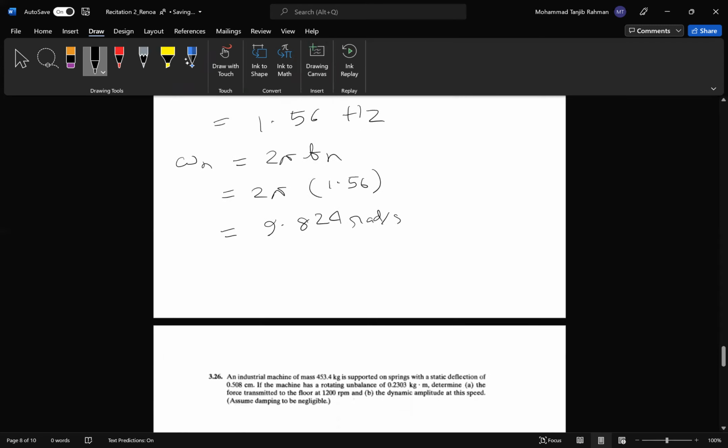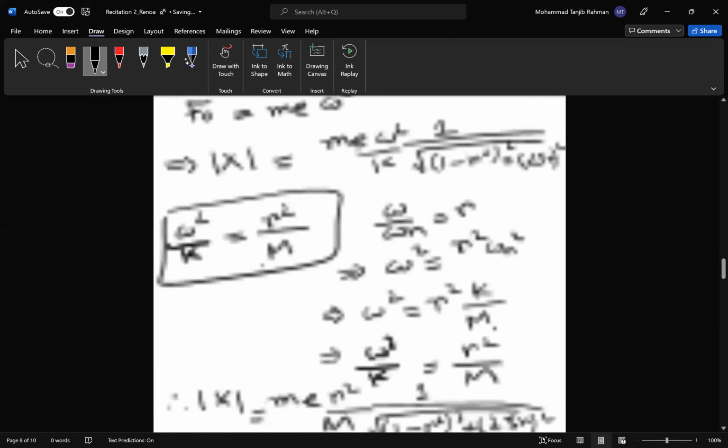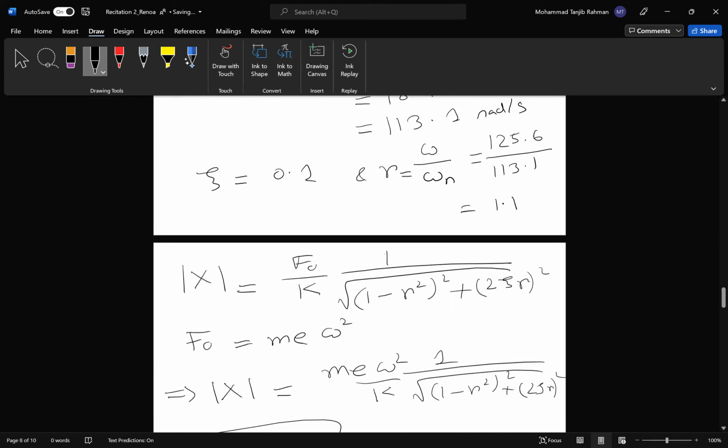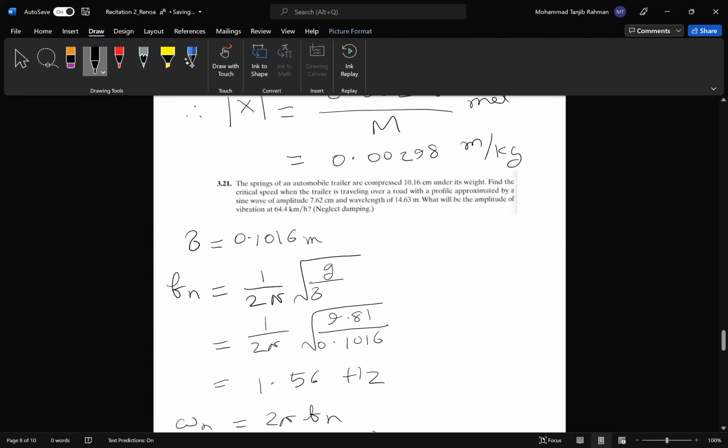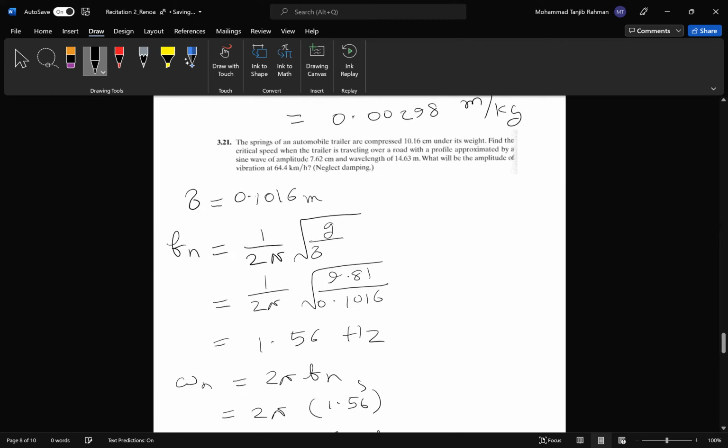Now, the V is given as 64.4 kilometer per hour. So I'm just going to convert it to meter per second. V is equal to 64.4 kilometer per hour, so in meter per second, it would be 17.89 meter per second.